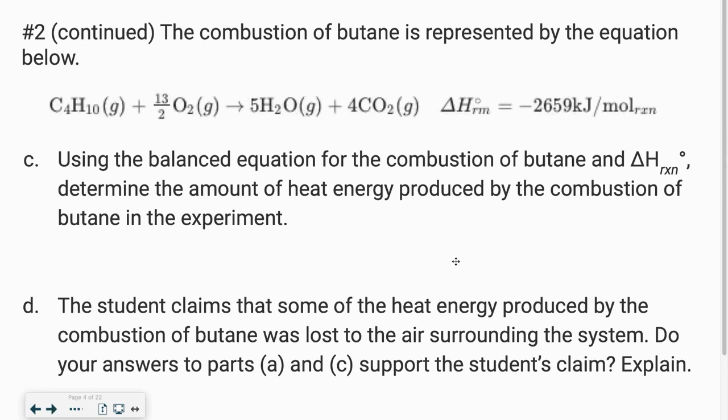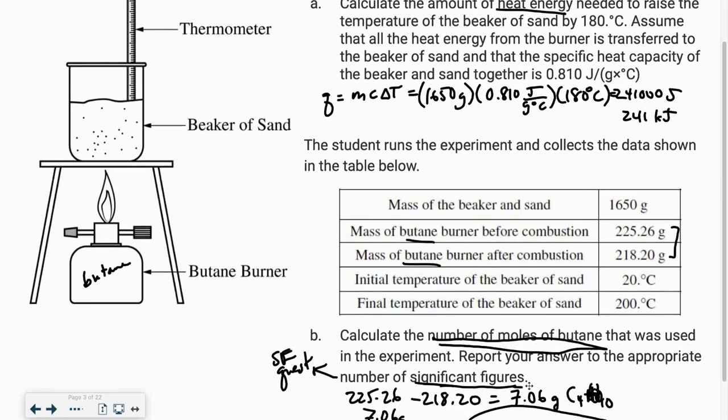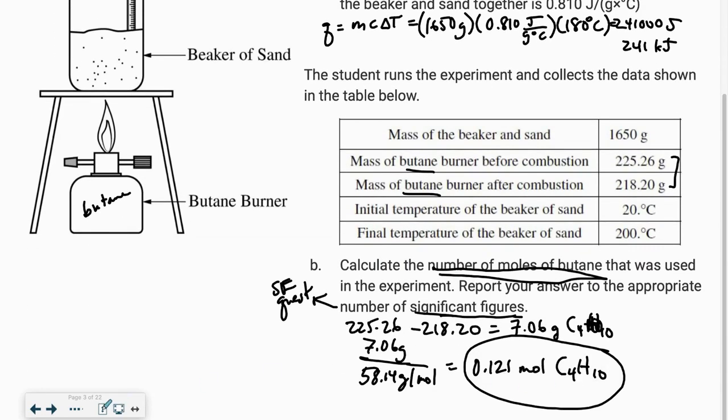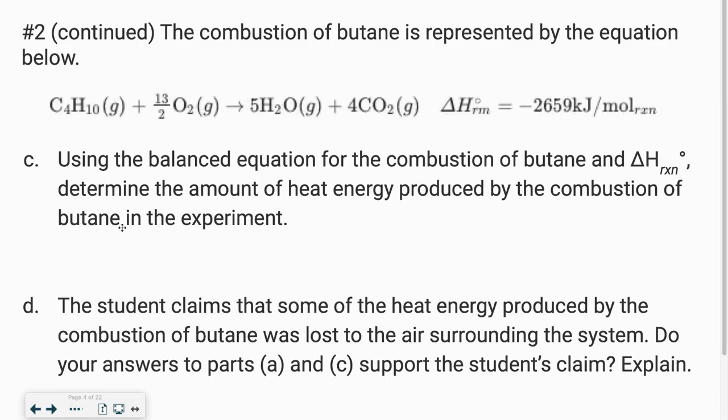Then for parts C and D, we have to use the thermochemical equation to figure out the amount of heat energy produced by the combustion of butane, assuming that it's this many moles that's being used up. So 0.121 moles of butane. We can see from this relationship that this many kilojoules is produced for every 1 mole of butane.